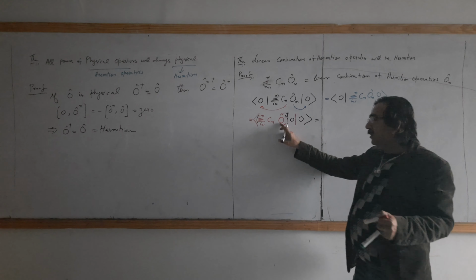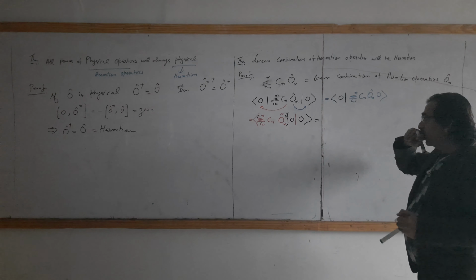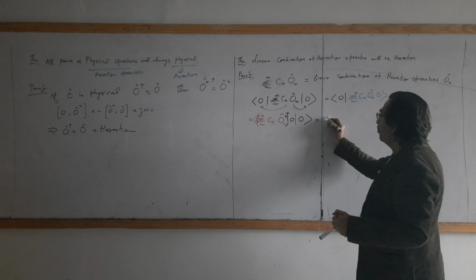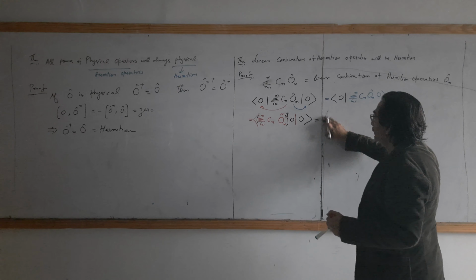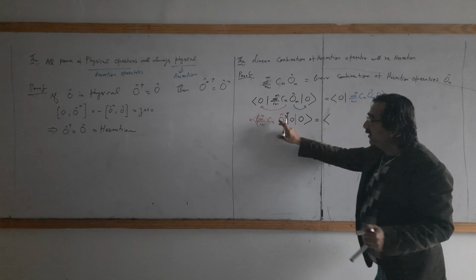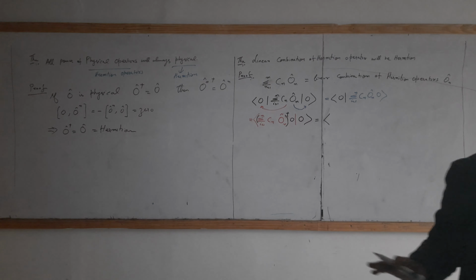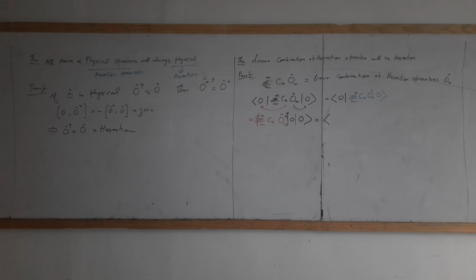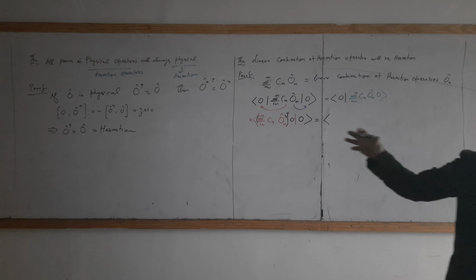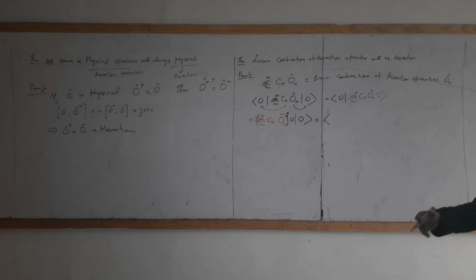This is a summation. When you take the Hermitian conjugate, in summation the order is not changed, but in multiplication the order changes. The C is a constant number, the C are not matrices.